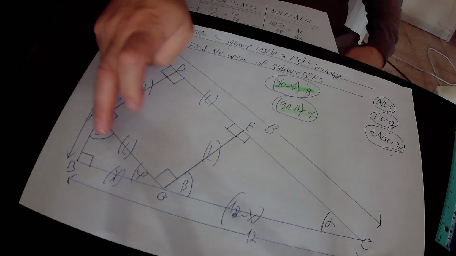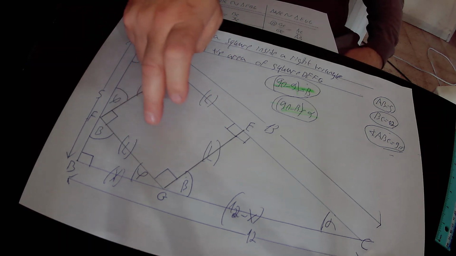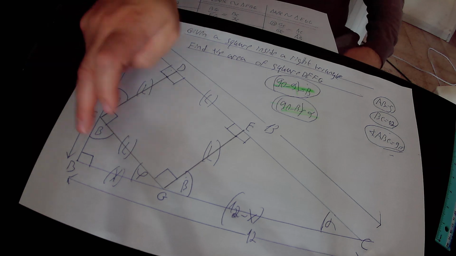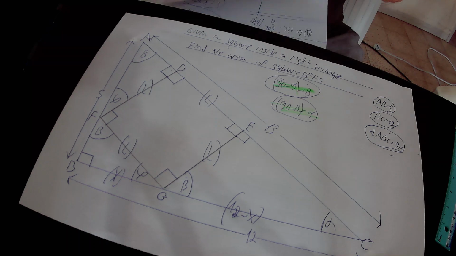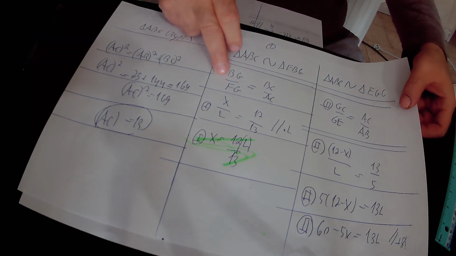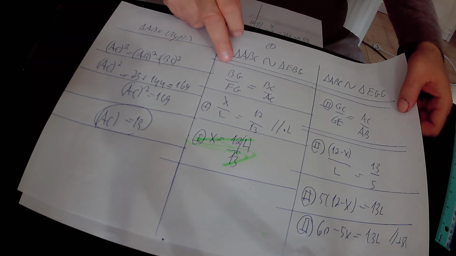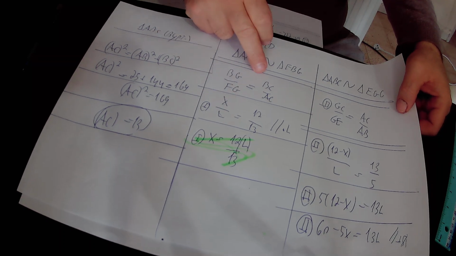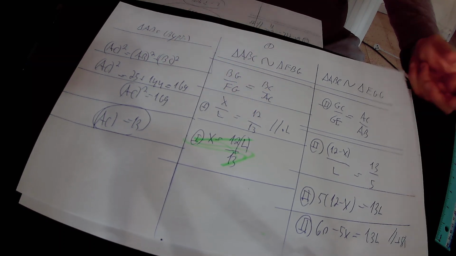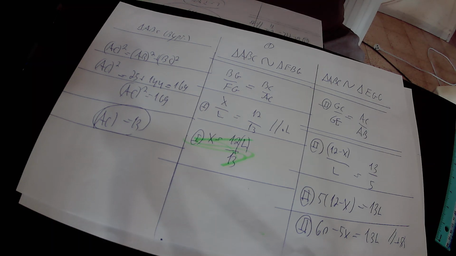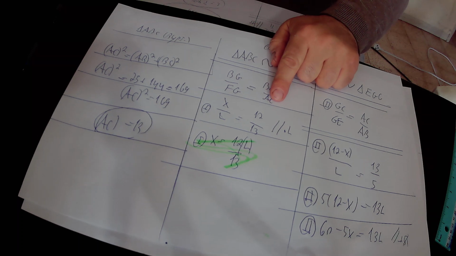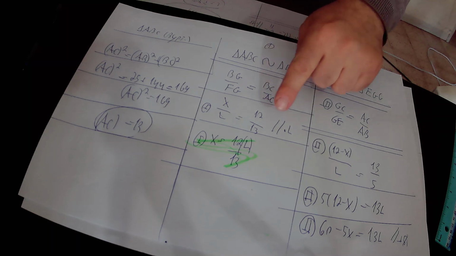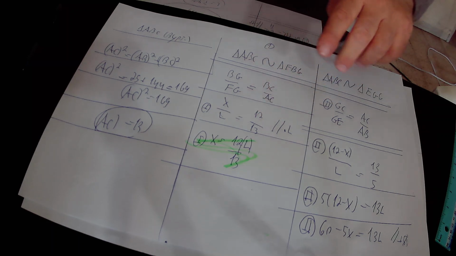We derive that BG over FG equals BC over AC. BG is X, FG is L, BC is 12, and AC is 13. In total, according to equation 1, X over L equals 12 over 13. Here we multiply equation 1 by L, and find that X equals 12L over 13.